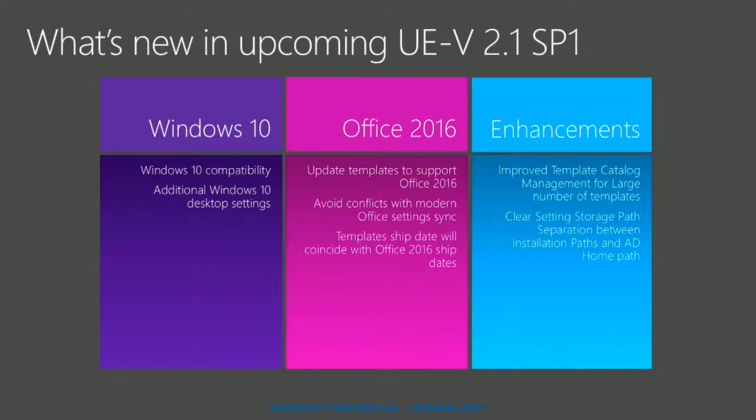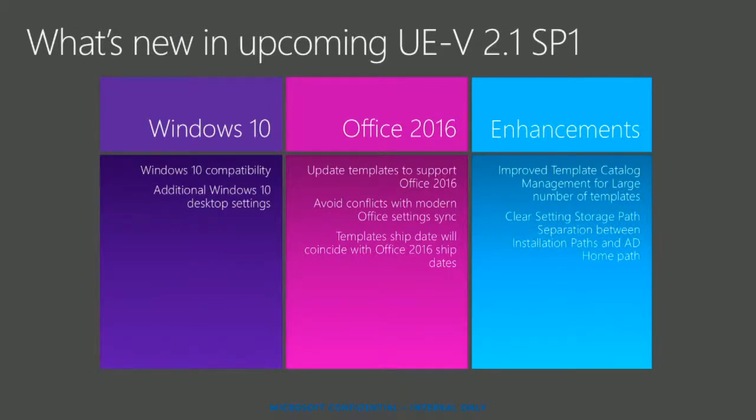Easily said, if you're migrating to Windows 10, like one of the questions we got before, most probably you have to update your ADMX files to the latest SP1 UEV 2.1 version. So Windows 10 is like the trigger for doing the update to SP1. And also compatibility with Windows 10 desktop settings, which are a bit different than the previous Windows 7, Windows 8 desktop settings.